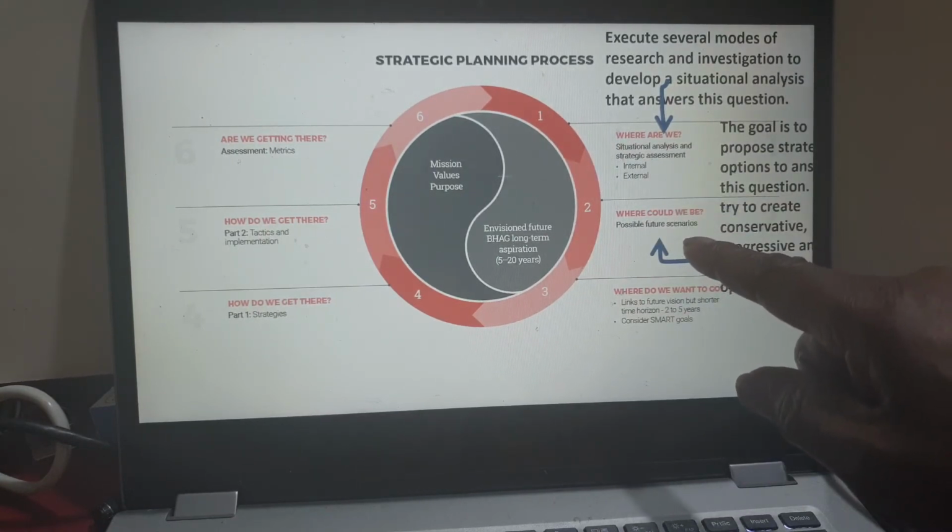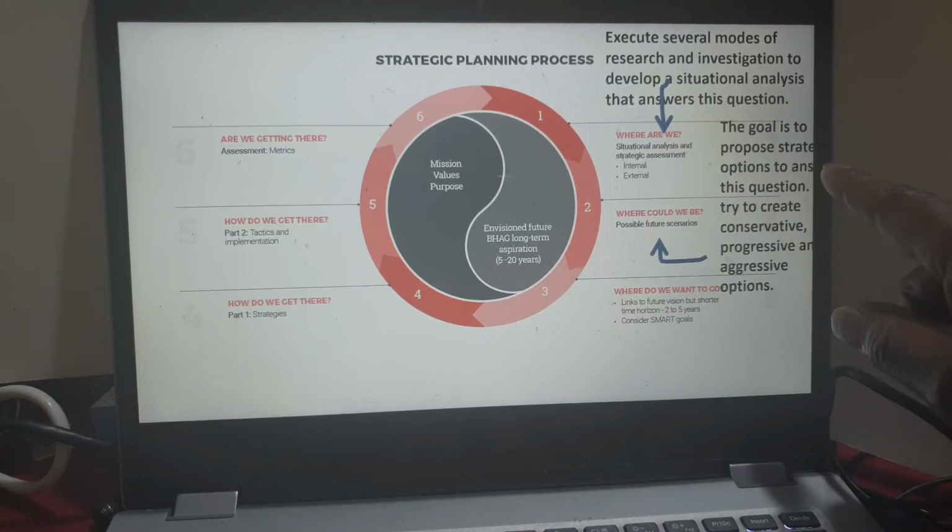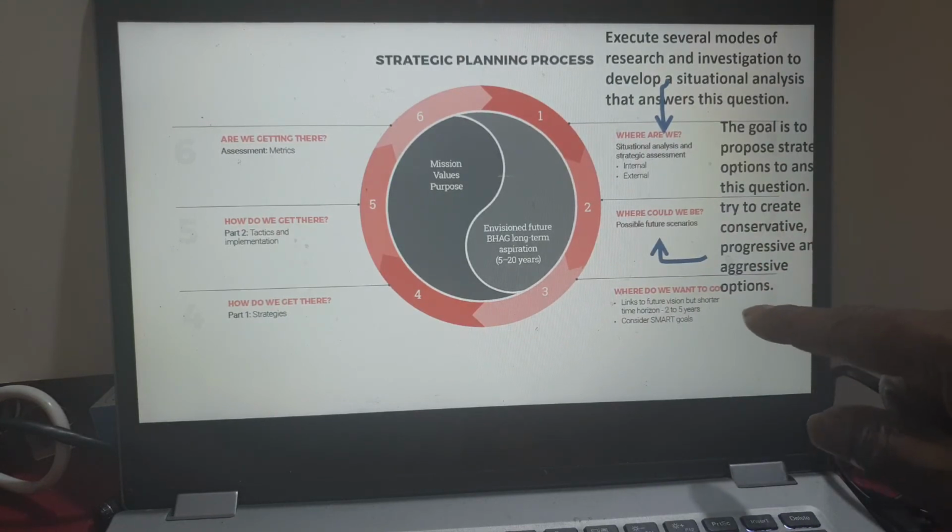To answer where could we be, the goal is to propose strategic options to answer this question. You try to create conservative, progressive, and aggressive options so that you are strong enough to know, yes, I chose the right option.